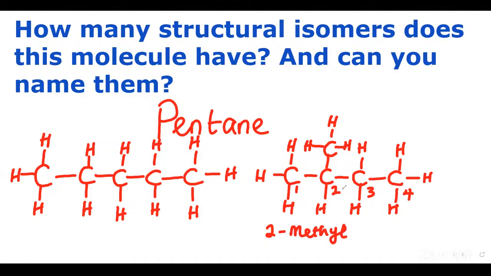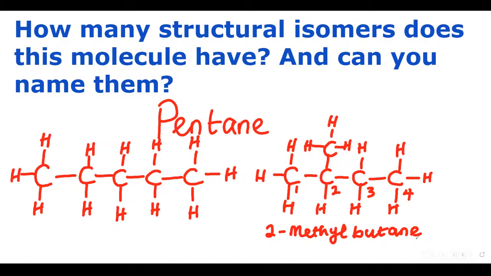Then the 4-carbon prefix is BUT. And because this is single bond carbon to carbon chain, you're going to say ANE. So it's an alkane, and the ending for alkane is ANE. So the name is 2-methylbutane.